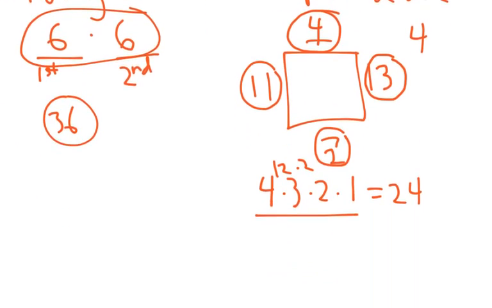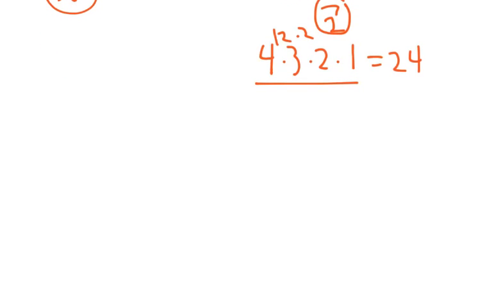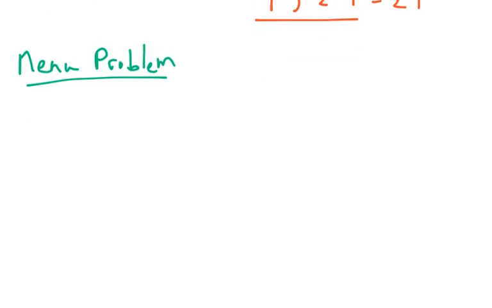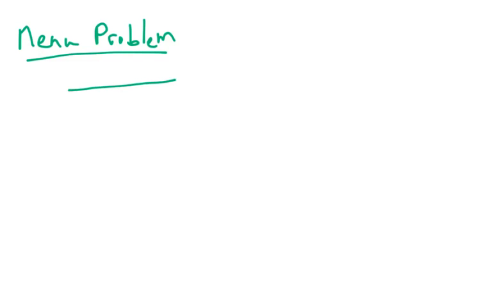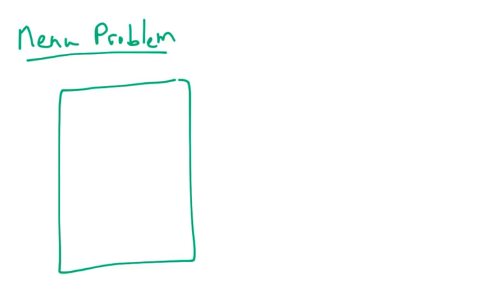Now to kick it up another notch, I want to introduce a classic example, and it is the menu problem. I don't know if problem is necessarily the right word, but maybe the menu example would work. Let's say that we have a menu at a restaurant, and on it you have 4 different appetizers you can choose from. And after the appetizers, you have 3 different entrees you can choose from, so main courses.